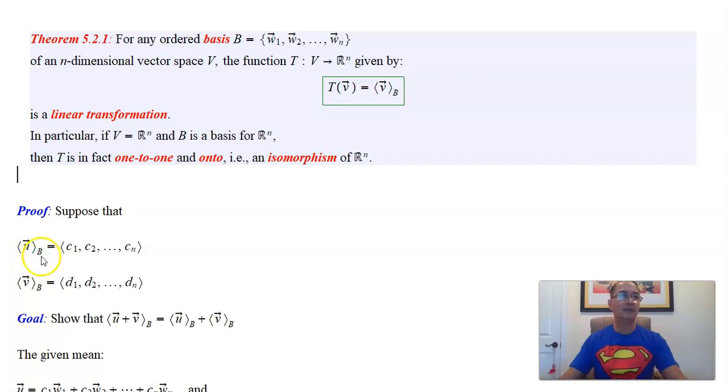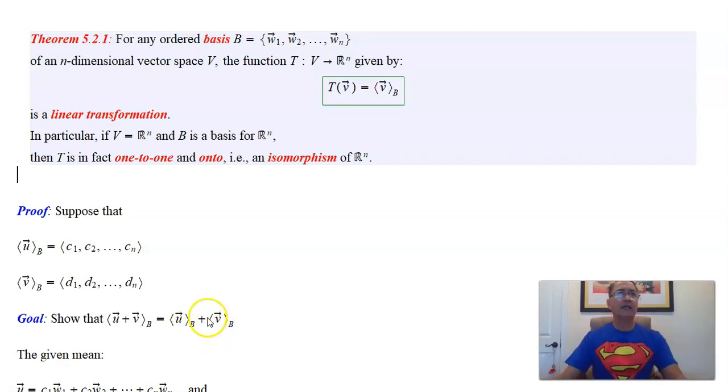So the coordinates of U with respect to B are C1 through Cn. We want to show that T of U plus V, which means the coordinates of U plus V with respect to B, must be T of U plus T of V. But T of U is the coordinates of U with respect to B, and similarly for T of V.